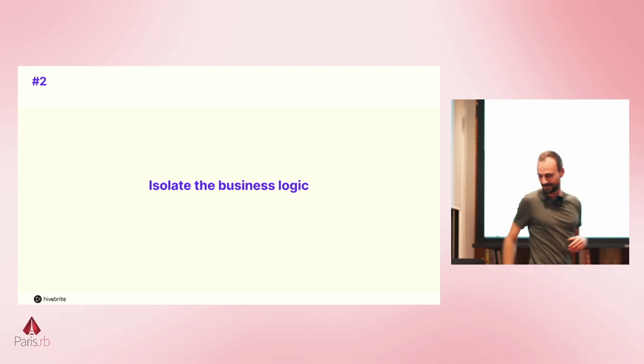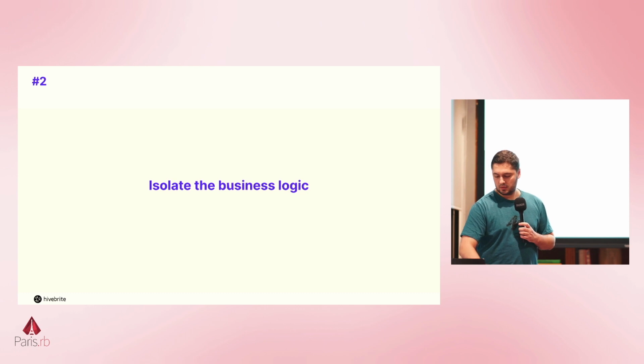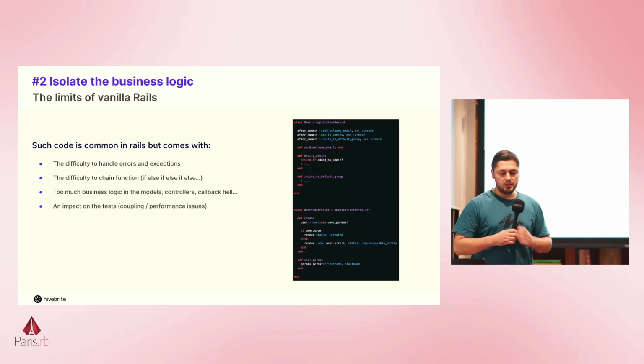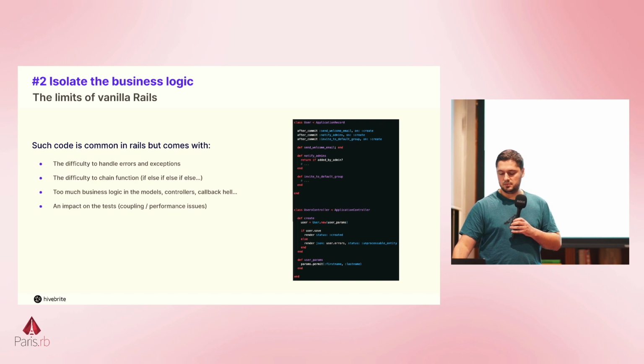Hello, everyone. So, second strategy. It's pretty common knowledge in Rails. As your app starts to grow, as you begin to have your first successes, you begin to add more and more features, and obviously your controllers and your models tend to grow, and quickly it can become a mess.